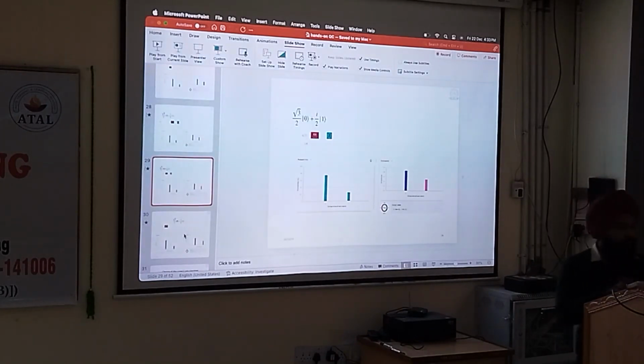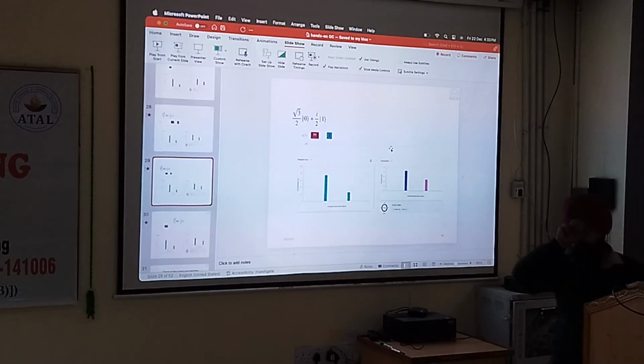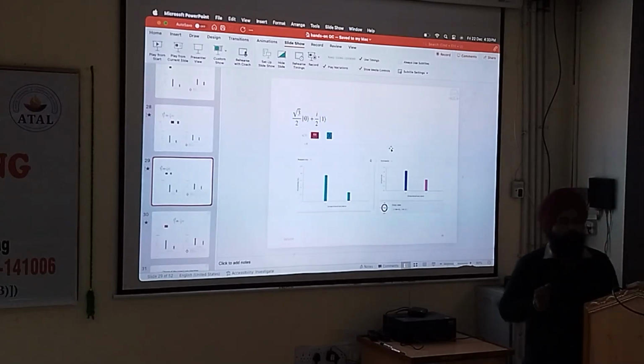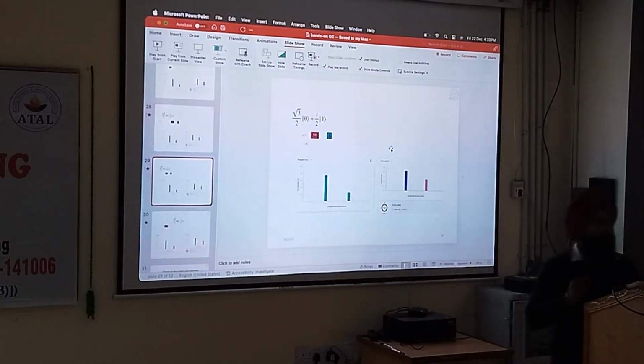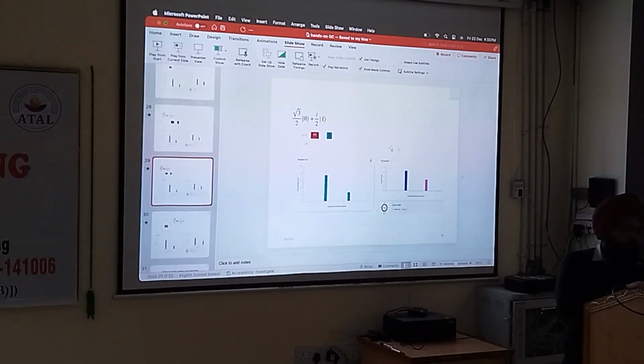But phase is for changing the phase, no? Actually, the phase gate is majorly used in the physics department, not that much in computer science. Here, we have to write it as root 3 by 2, 0 plus iota by 2, 1.